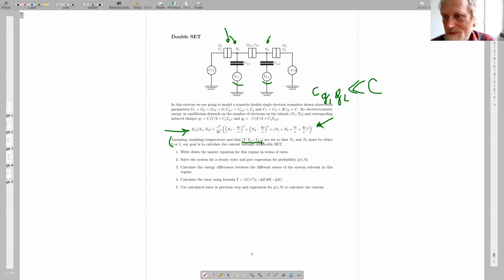One has to write all the energies and understand what would be the region where energies are such that no transition from this subspace is allowed.